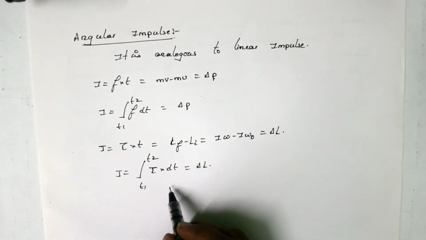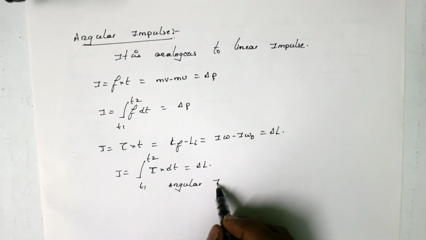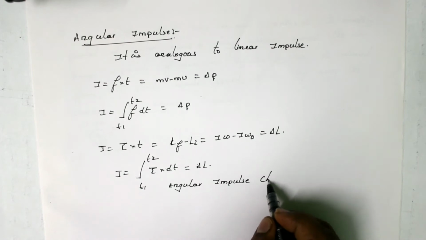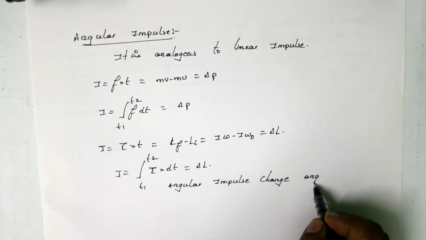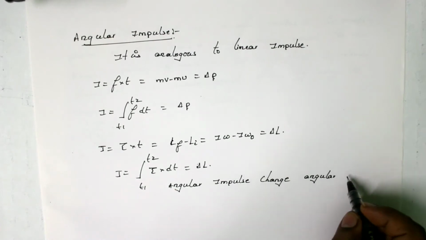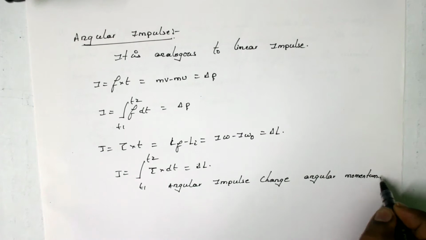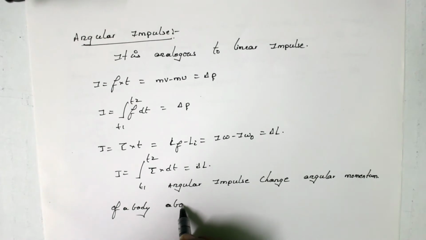Therefore, angular impulse changes angular momentum of a body about the center of mass.